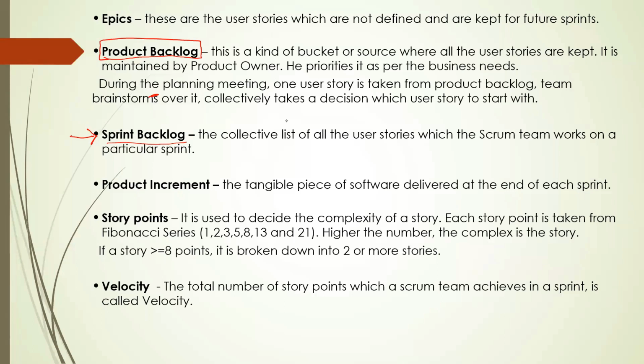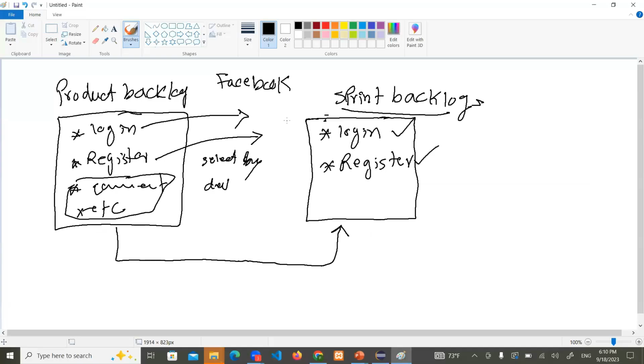Now next is, what is product increment? Product increment is the tangible piece of software delivered at the end of each sprint. For example, in this box we took the login functionality and the registration functionality.